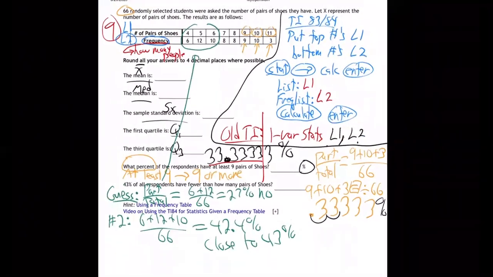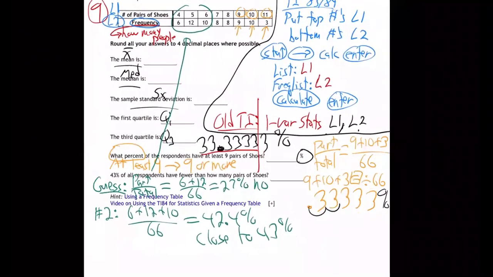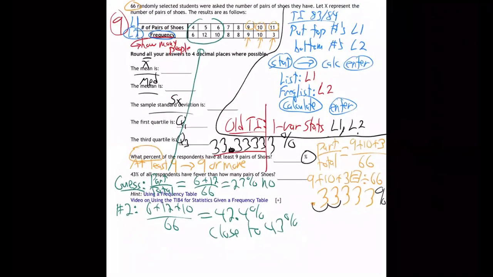Now, careful. How do we answer the question, though? So we got the percentage. We got the 43%. But how do we actually answer it? Well, read it carefully. It's an exercise in careful reading. What does it say? 43% have fewer than. There's the key words. Fewer than how many pair of shoes?